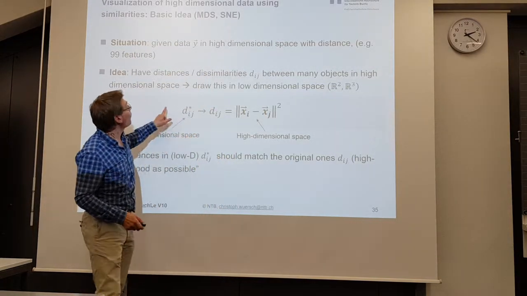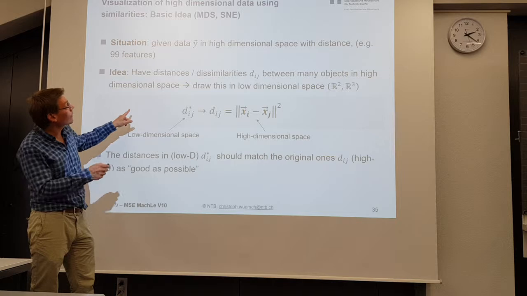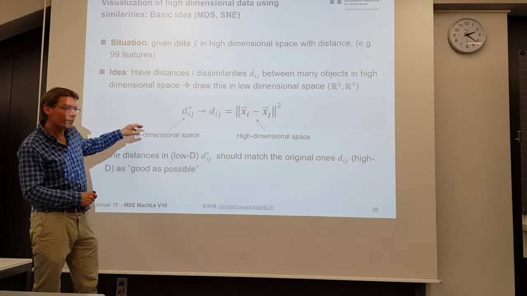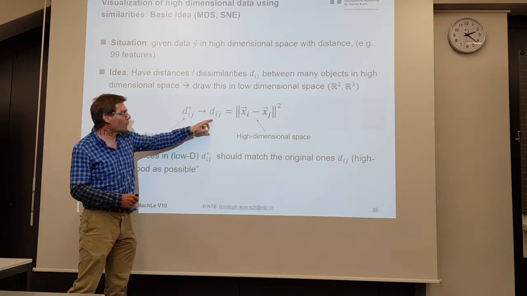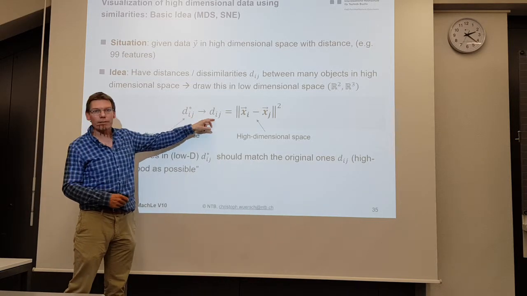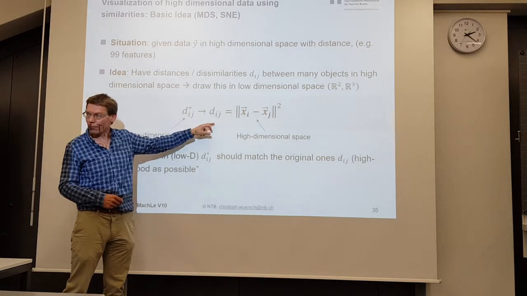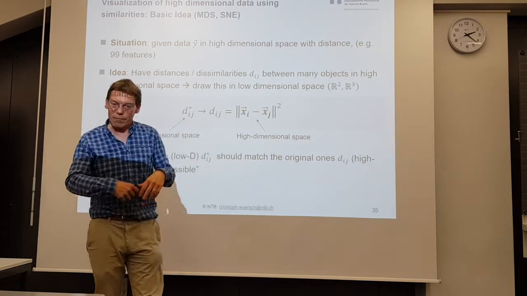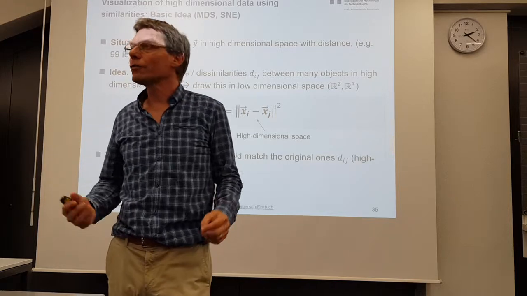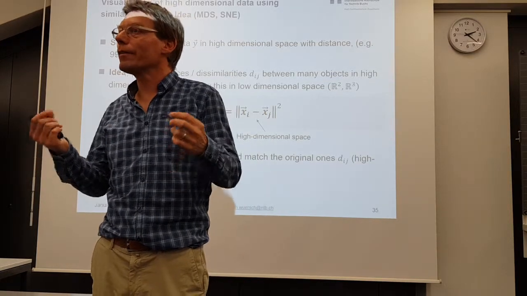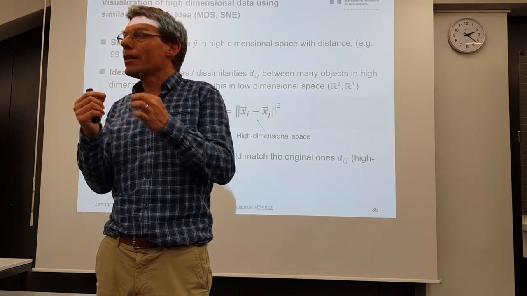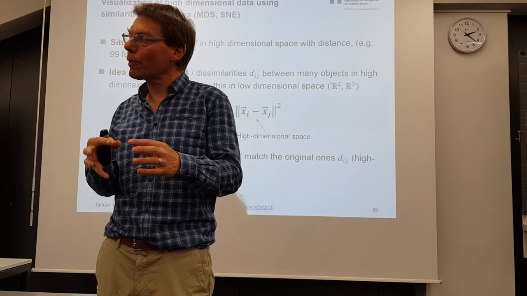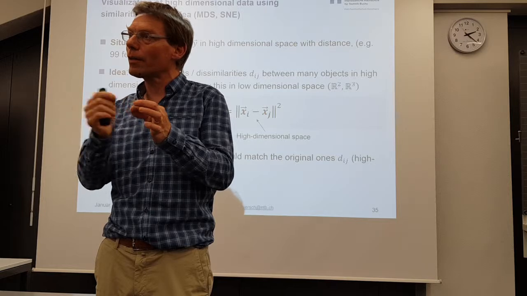So the goal of all these manifold techniques is that we represent only the distance matrix, not the full vector spaces. If we have a distance matrix in a very high dimensional space, I can also calculate a distance matrix in a lower dimensional space and say, let's project it to a lower dimensional space such that the distances between the data points are the same.